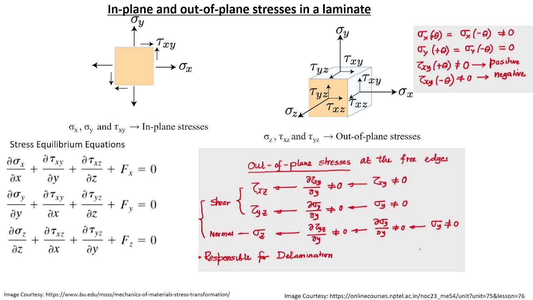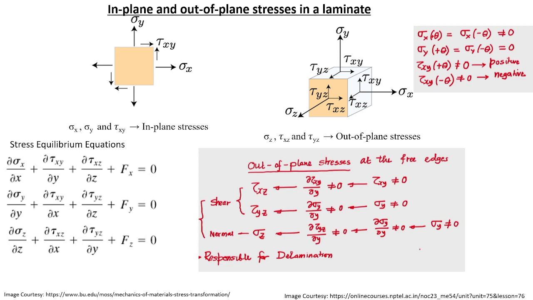Till now, we only talked about the in-plane stresses on a laminate. That is, we considered that in the z direction, the thickness is so small that there is no change in the properties. So we only considered the change in properties in the x and y direction and the shear stress because of the change in x and y direction. So all the stresses in x, y direction and the shear stress in x, y direction are the in-plane stresses.